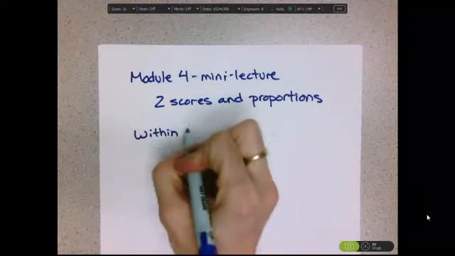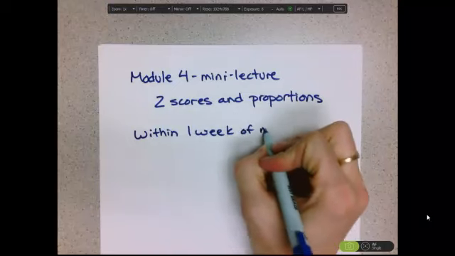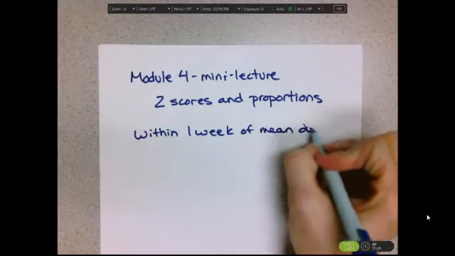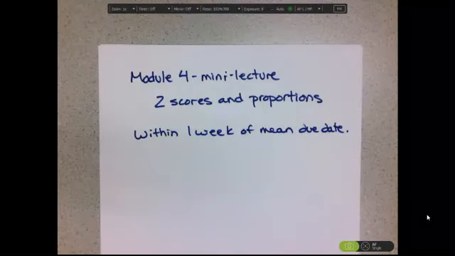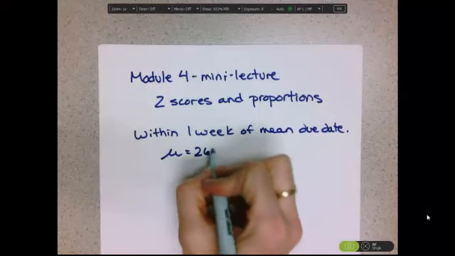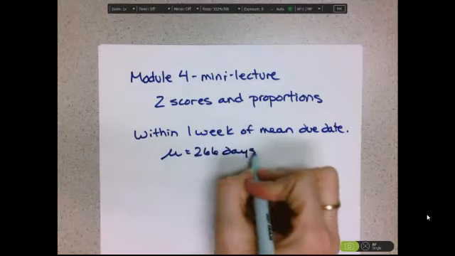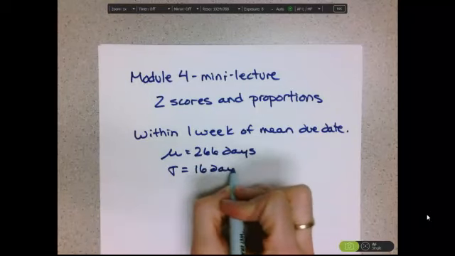So now we're looking at within 1 week of the mean due date. We know from the last example that the mean is 266 days and the standard deviation is 16 days.